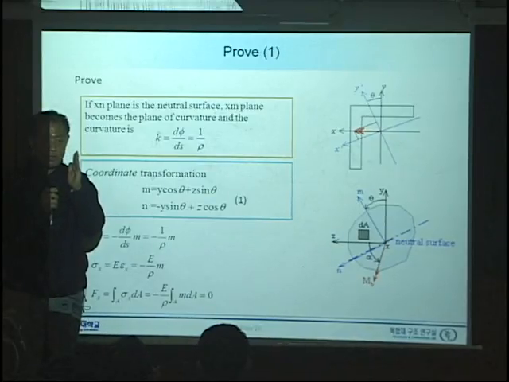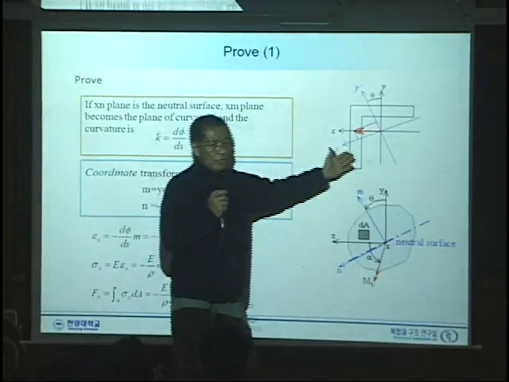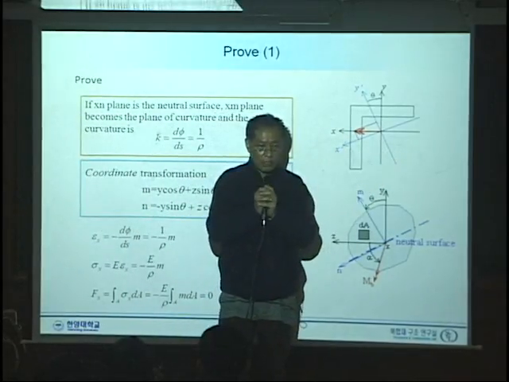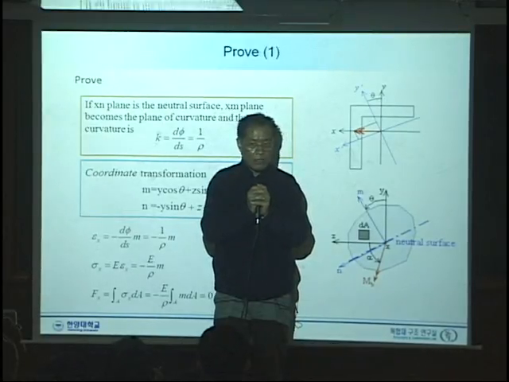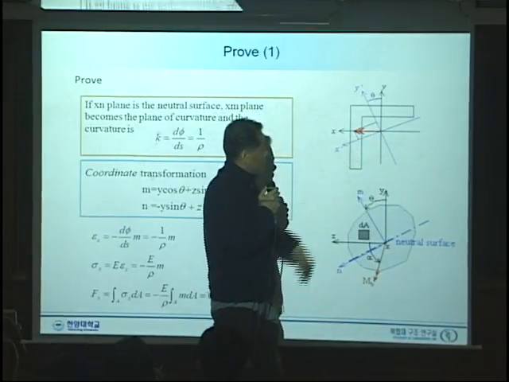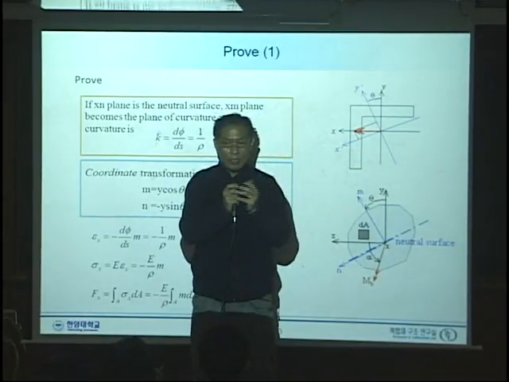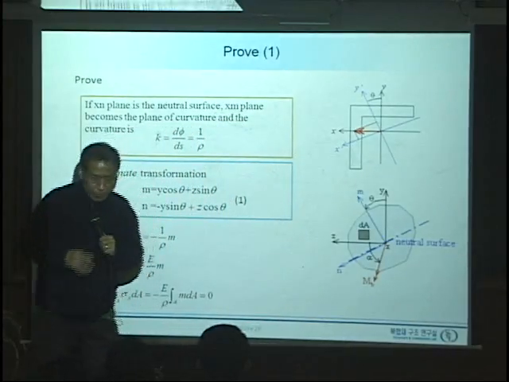Again, you have to clearly understand the problem statement. Problem statement here is a beam with unsymmetric cross-section, okay? And then we apply a certain bending moment in a certain direction, and what kind of a strain will we have? That's the point here.